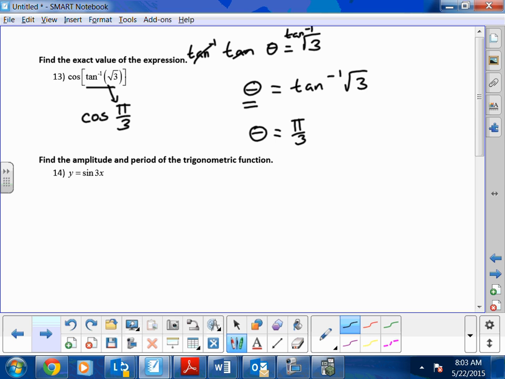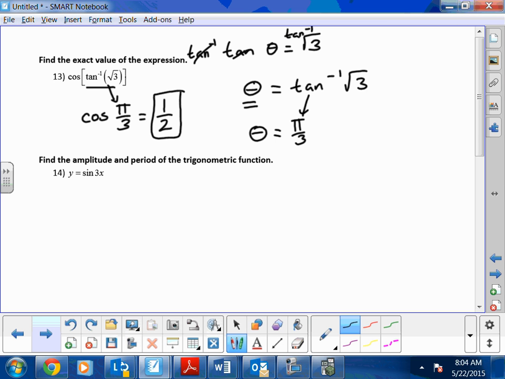This equals this, because of what I just did right here. So that means now look for the cosine value of pi divided by 3, and the x value for that is going to be 1/2. So there you go, 1/2. And that is the answer.